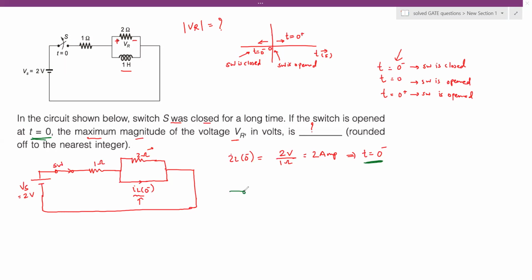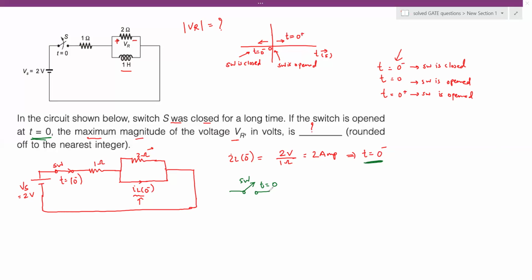So here is your switch that is opened at t equal to 0. And here I forgot to mention that at t equal to 0 minus, the switch was closed.